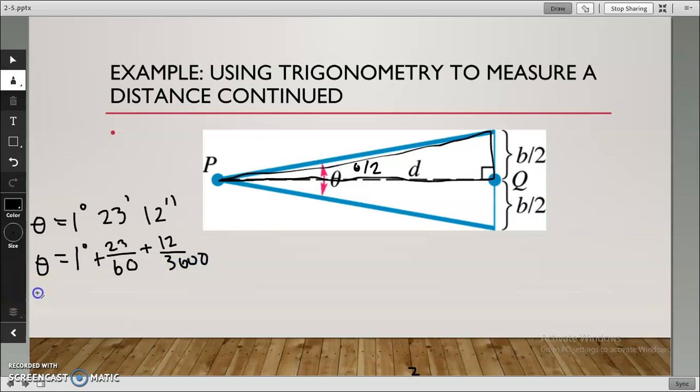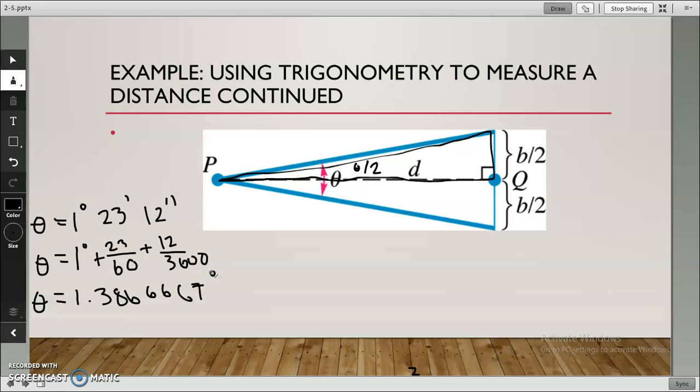And I'm going to just put that in my calculator. And I get 1.3866666. I'm going to stop there, 7 degrees.